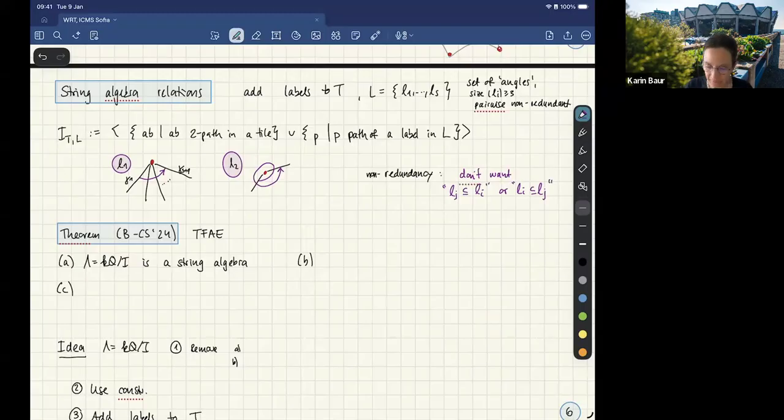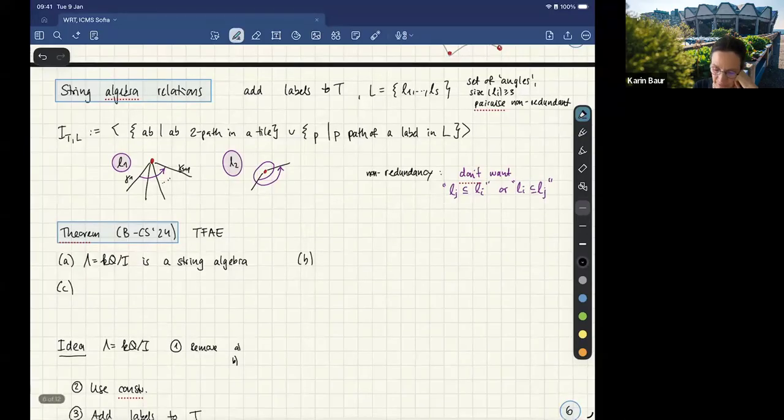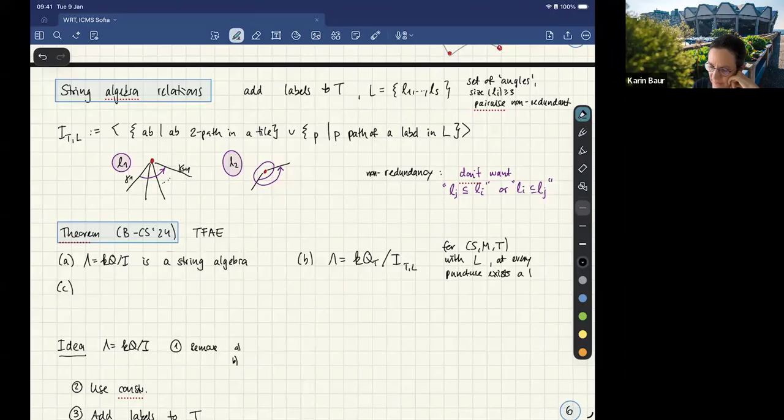Okay, then we can characterize string algebras. So lambda is a string algebra if and only if I can write lambda as KQ_T mod I_T with labels for some tiled surface with labels L, and at every puncture there exists a label.